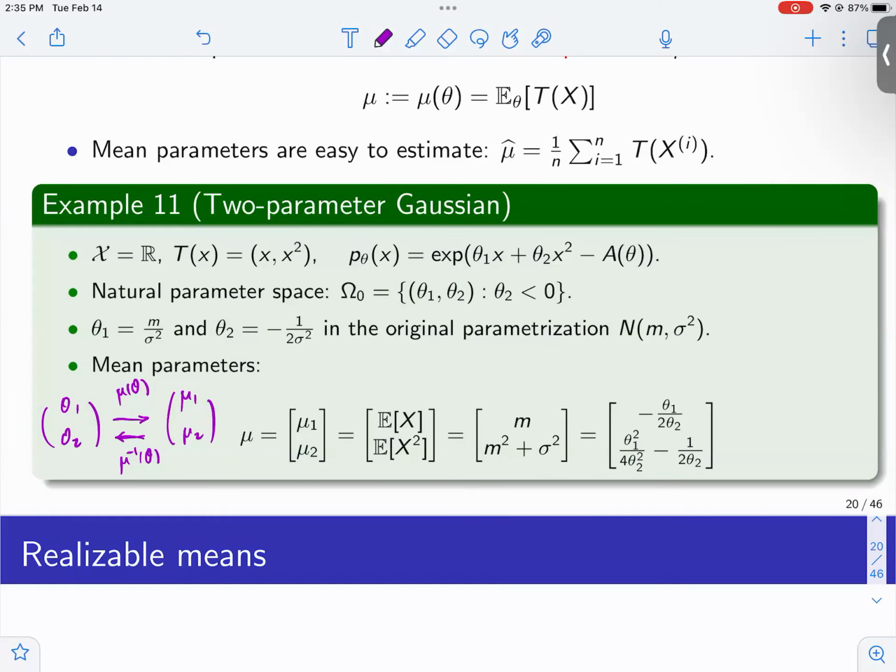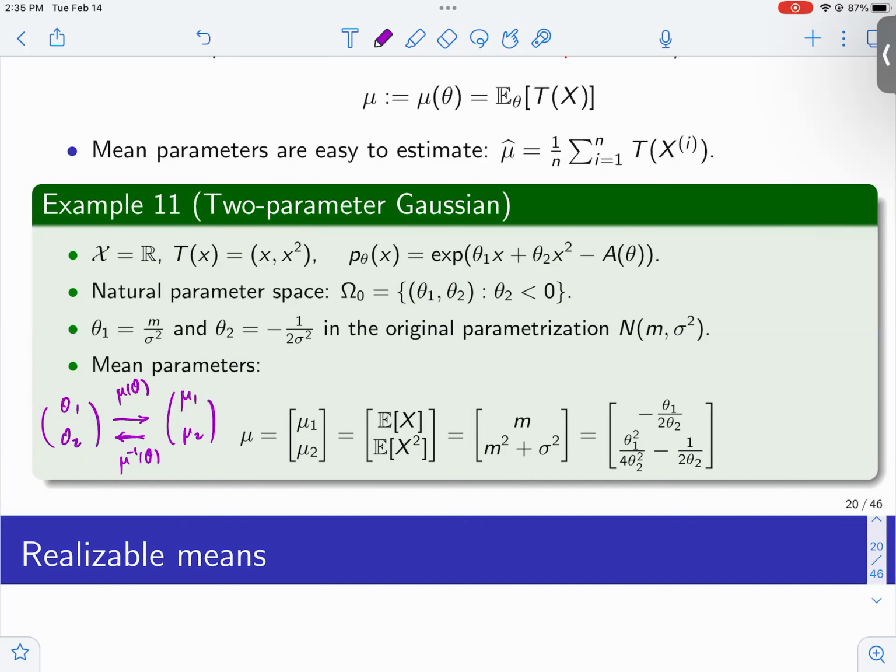So this gives you another way of parameterizing. So you can reparameterize your parametric model in terms of different parameters. This is often very useful in statistics. So one parameter might be hard to work with or not that interpretable. The other parameter might be very easy to work with. In particular, these mean parameters are very easy to estimate, right?